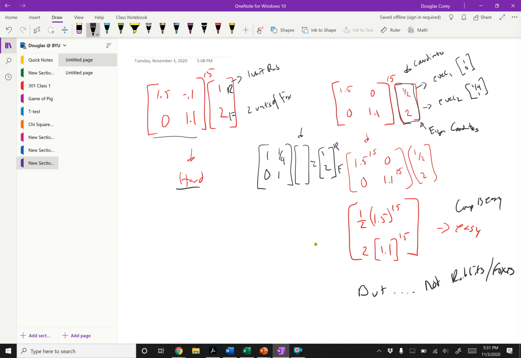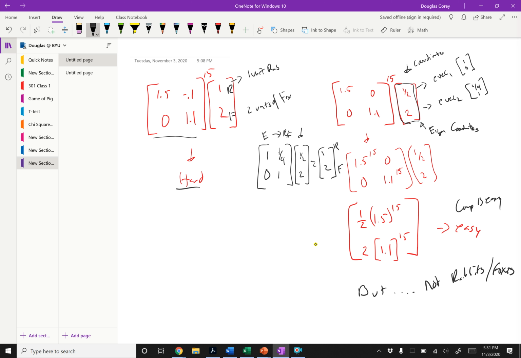Okay, and we found, well, this one has to be 2, because that's the only way to get 2 there, and so using that, turns out this has to be 1/2. So this matrix here will go from eigen coordinates to rabbits and foxes. Okay, if you give me the eigen coordinates, I multiply by this matrix, and I get rabbits and foxes.